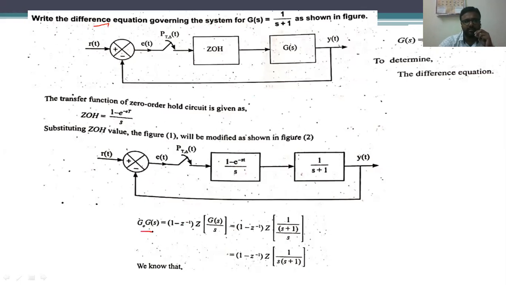In order to form the Z transform for this function, this cascaded position can be taken as 1 minus Z inverse into Z transform of G of s divided by s. That is 1 minus Z inverse into Z transform of 1 divided by s into s plus 1.